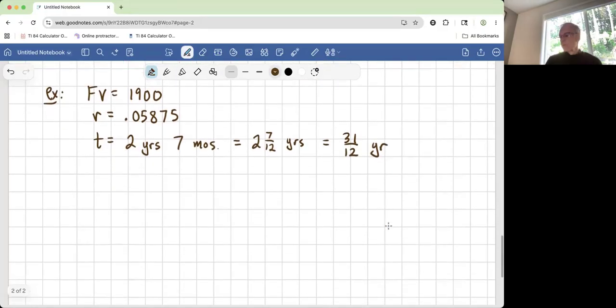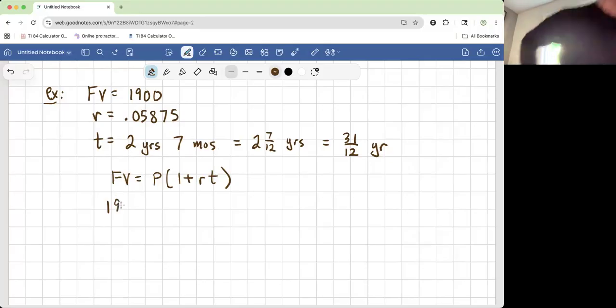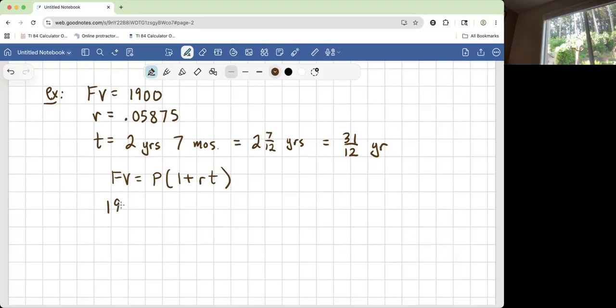All right. I'm going to use the future value formula, F = P times (1 + rt). So plug in the numbers we know. The numbers we know are future value, rate, and time.